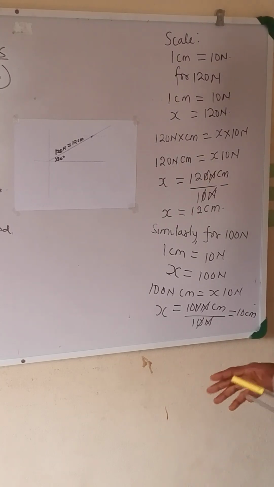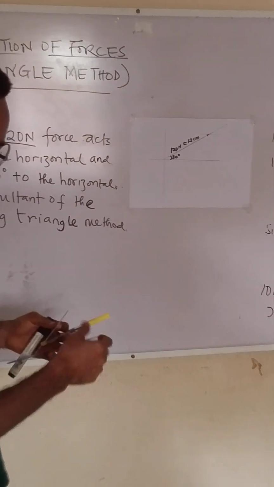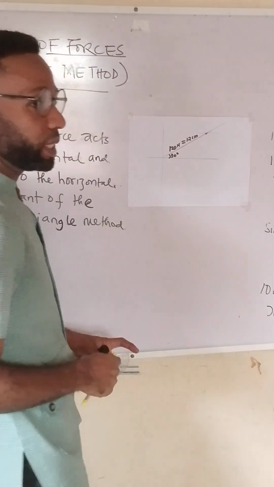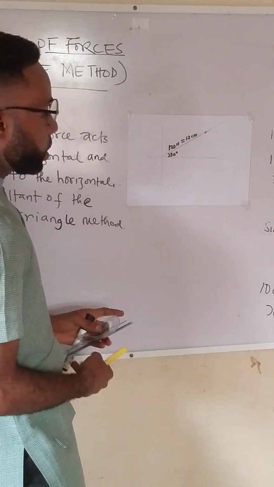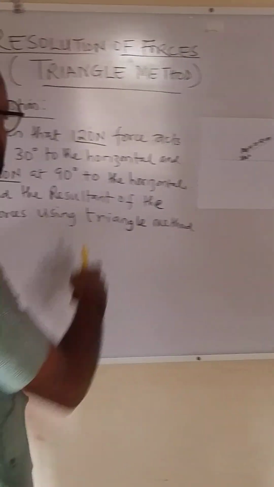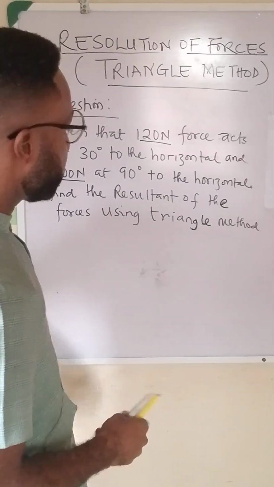And so when we are done with the scaling, we can now look at the plotting of the graph. The first thing we do is draw the vertical line and the horizontal line. Then we go back to the question: the 120 Newton force is inclined at 30 degrees to the horizontal.